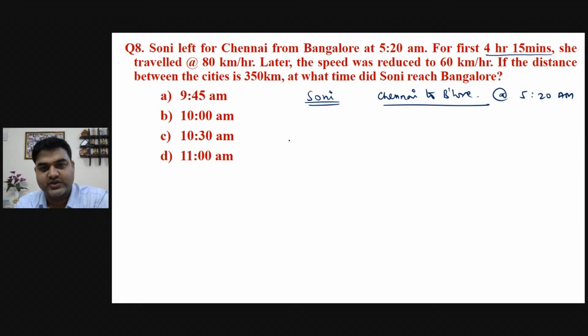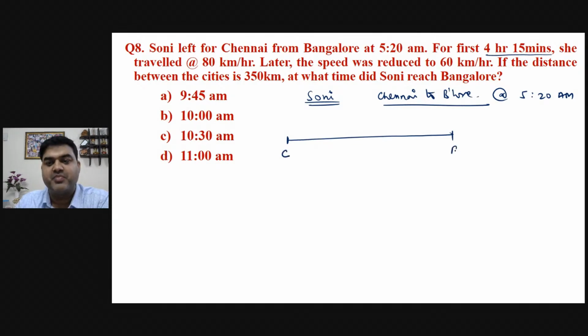This is Sony, who has started. Suppose this is Chennai and this is Bangalore, and Sony is traveling from Chennai to Bangalore. That is what is given.